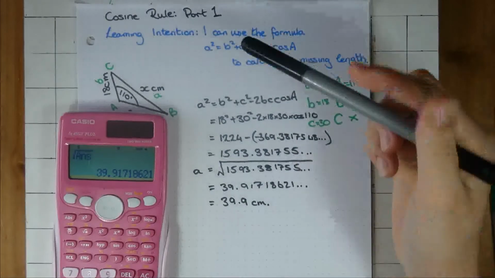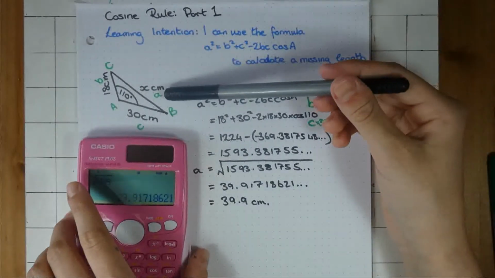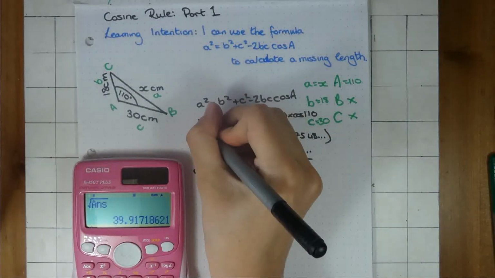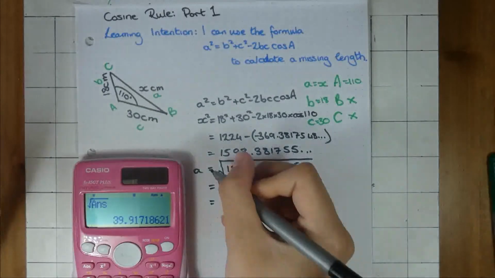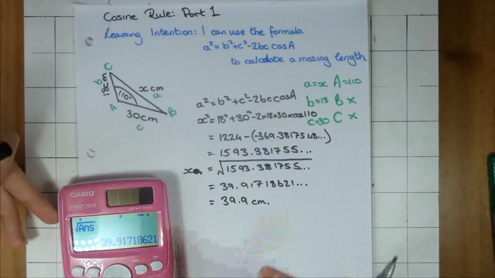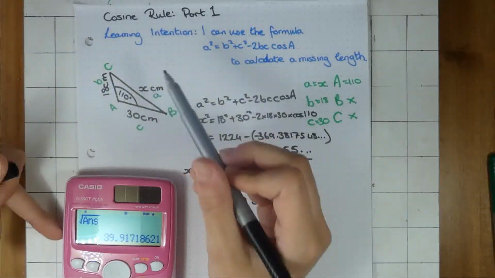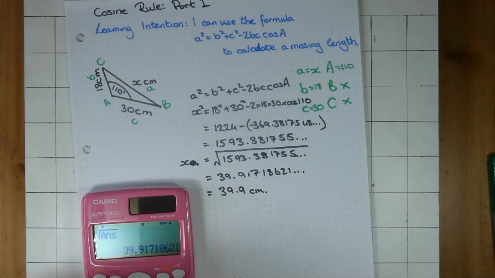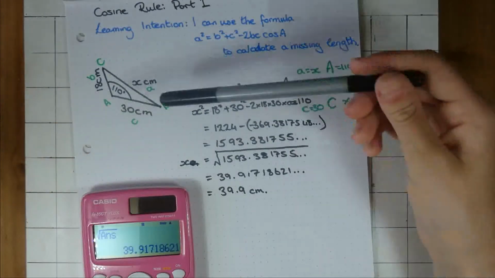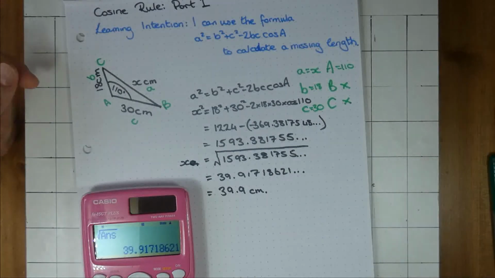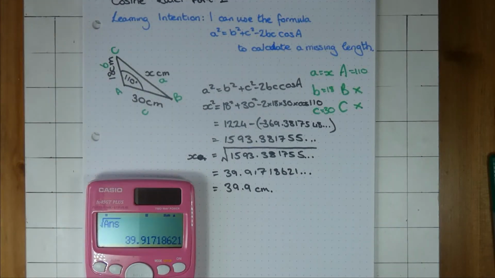So our side length that we're missing, which we probably should have changed to x at that point there. But it's best to just keep it in sine. So this value here, x, is 39.9. And you've got to make sure that at some point you are stating x equals. If you leave it as a equals, there'll sometimes be a funny mark that you'll lose.